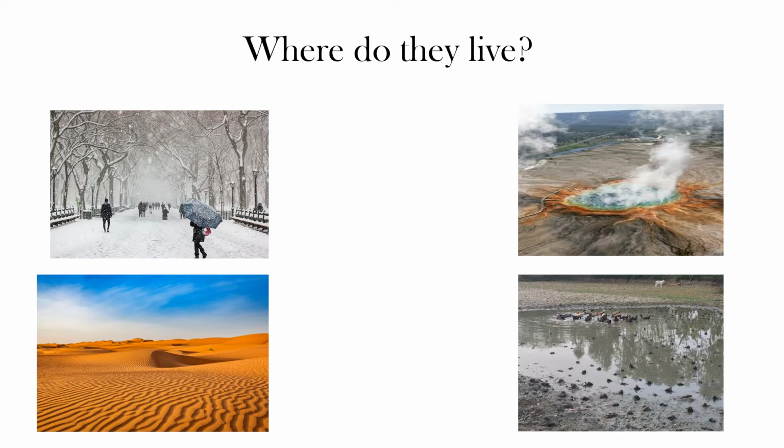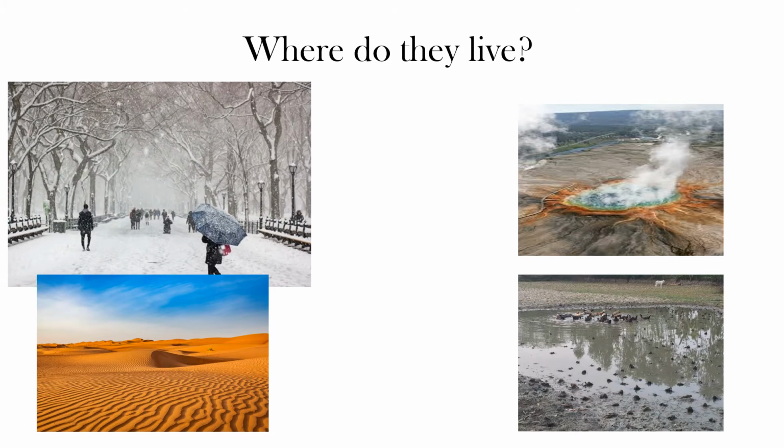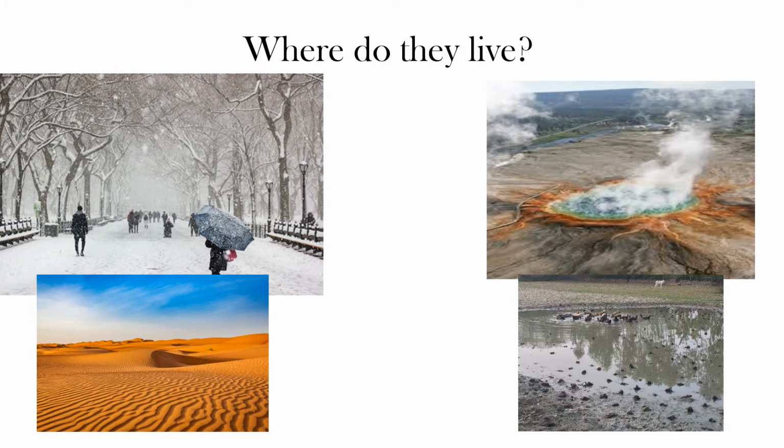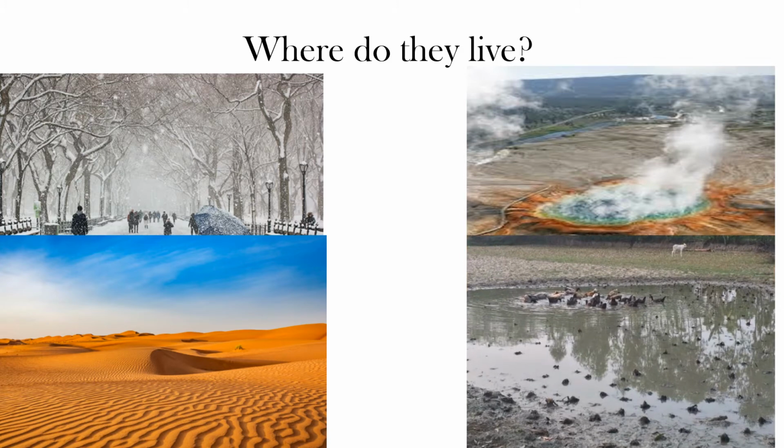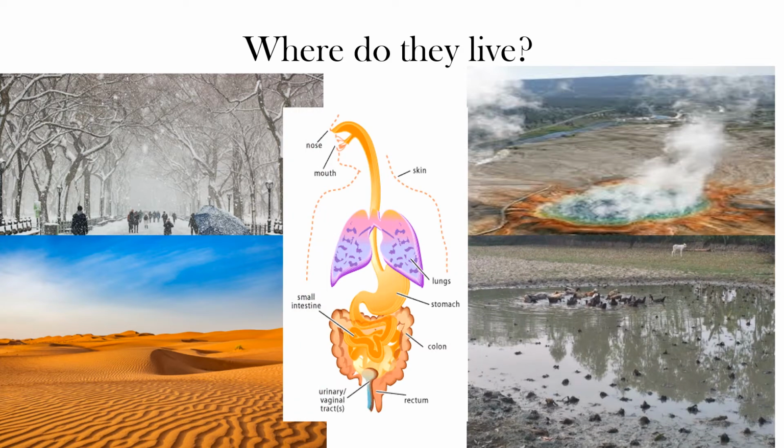So where do these microorganisms live? They live from very cold climates to hot springs, from deserts to marshy lands. They also live in animals including human beings. That means they live everywhere.